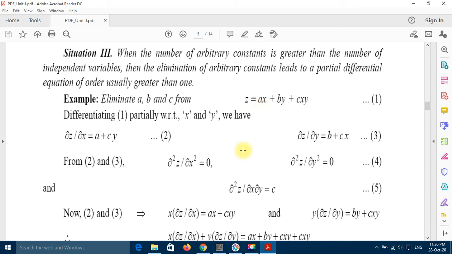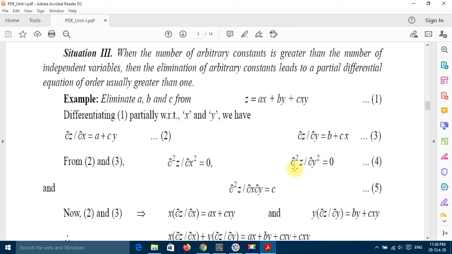Now we again differentiate equations number 2 and 3 with respect to x and y. We get ∂²z/∂x² = 0 and ∂²z/∂y² = 0.